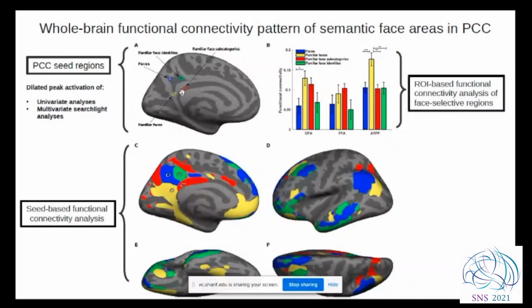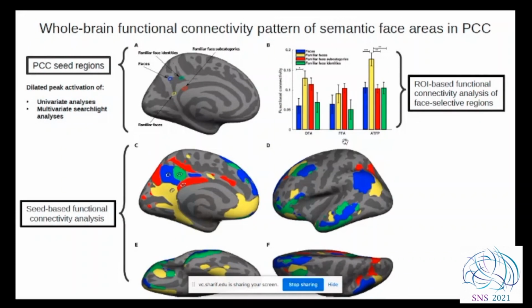We did this for all four seed regions. And then we used a winner-take-all procedure to combine these connectivity maps. So after the winner-take-all procedure, we can see which parts of the brain are preferentially connected to each of these seed regions, okay? So we get a map like this. And as you can see, it looks like these four regions have somewhat distinct patterns of connectivity.